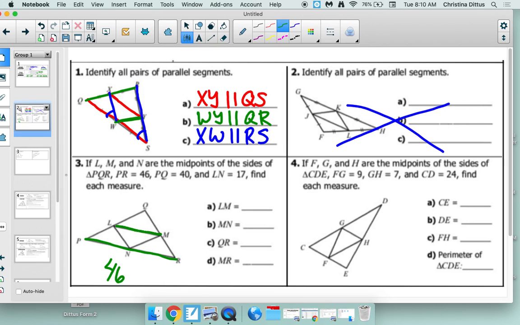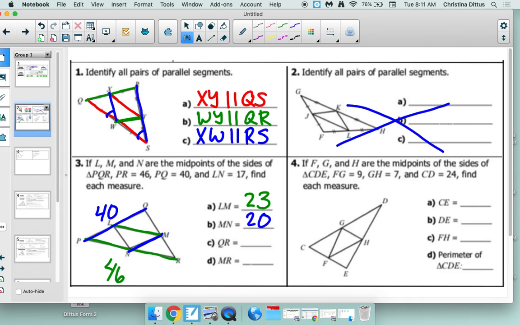And it's half as long, so how big is LM? 23. Okay. Then it says PQ is 40. So what's the midsegment that's parallel to PQ? MN. And how big does that have to be? 20.